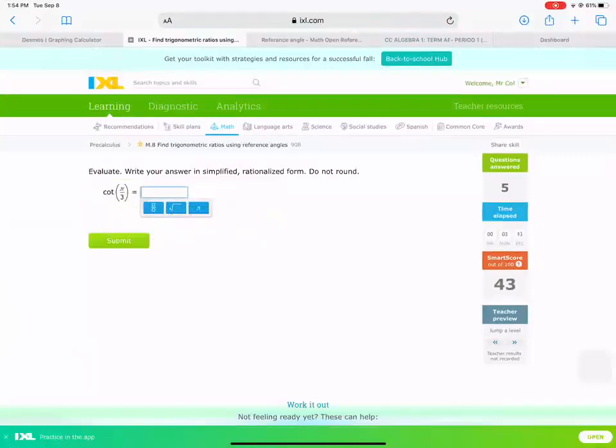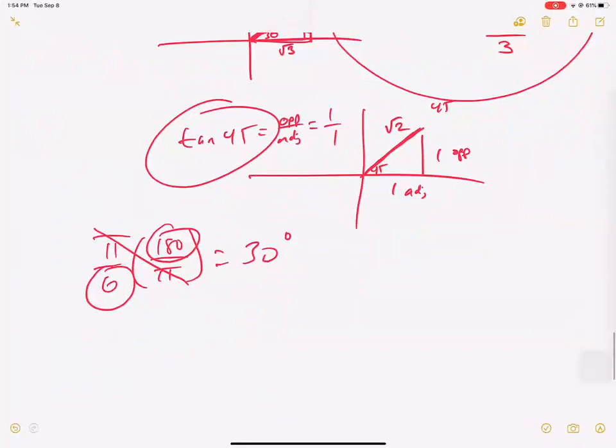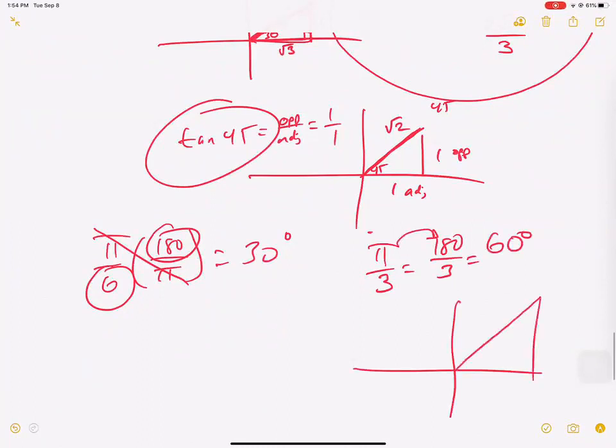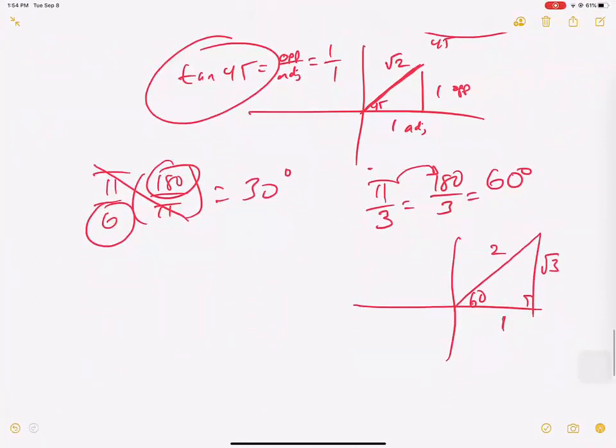Cotangent of pi over 3. Uh-oh, pi over 3. What's pi over 3? Pi over 3 is the same as 180 divided by 3. This is another fast way of doing it, where we just swap it. That's 60 degrees. Let's draw a 60-degree angle. Sides 1, 2, square root of 3. How'd you do that so fast, Mr. Ko? Because 1 is always next to the 60.